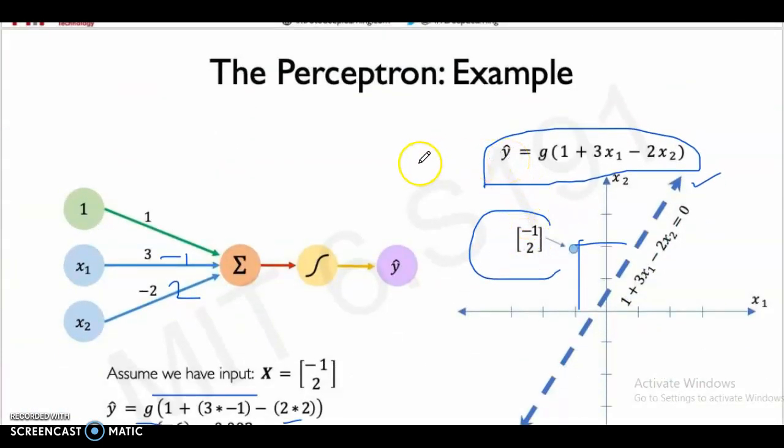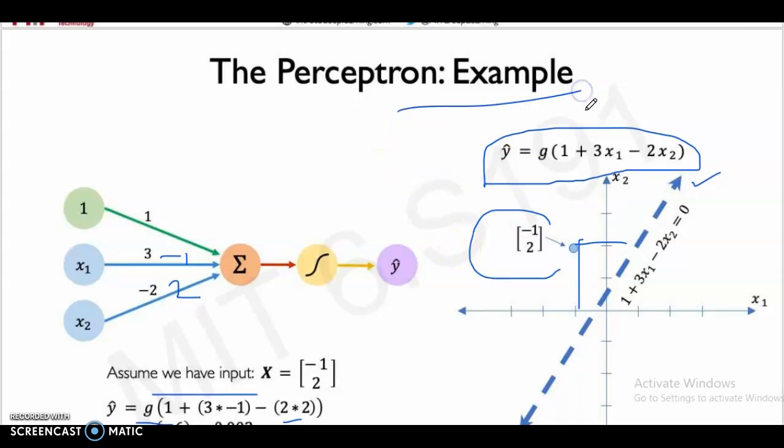Y cap equal to g of 1 plus 3x1 minus 2x2.